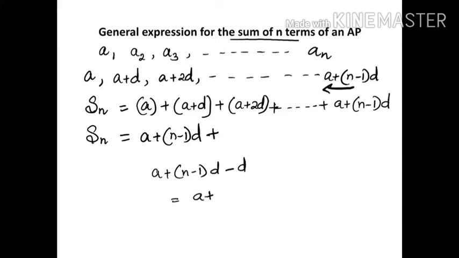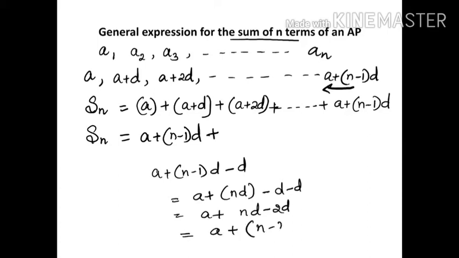We get a plus nd minus d, which is a plus nd minus 2d. We can take d common from these two terms, so (n minus 2)d. So in the second expression for the sum, the second term will be a plus (n minus 2)d.